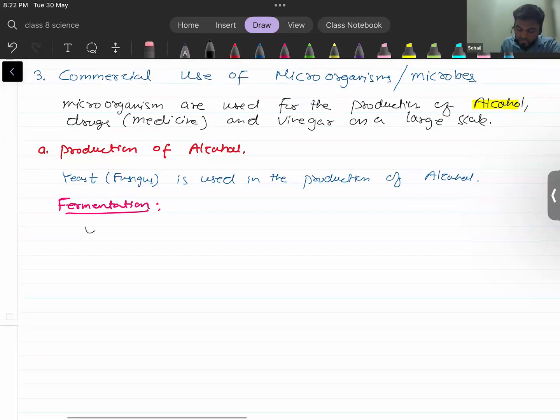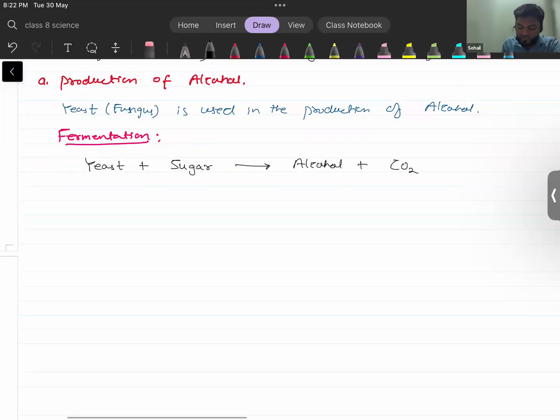What goes in there? Yeast plus sugar equals alcohol plus carbon dioxide. So we say that yeast has the capability to do what?